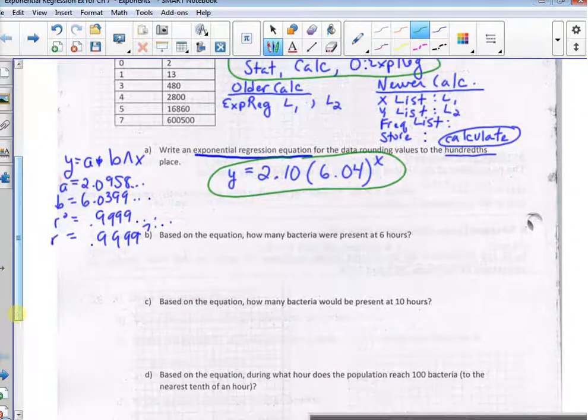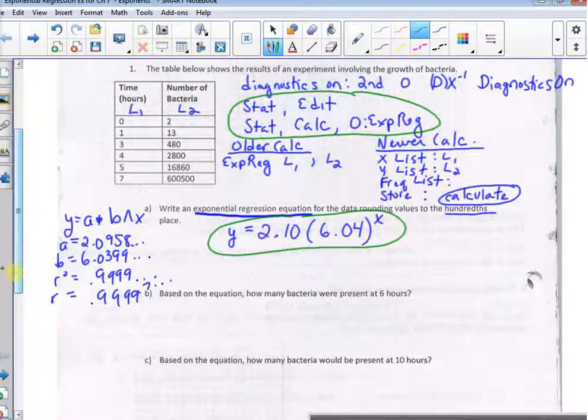So then for part B it says, based on the equation, how many bacteria were present after 6 hours? So you need to realize that the hours was your x, okay, and the number of bacteria is your y.